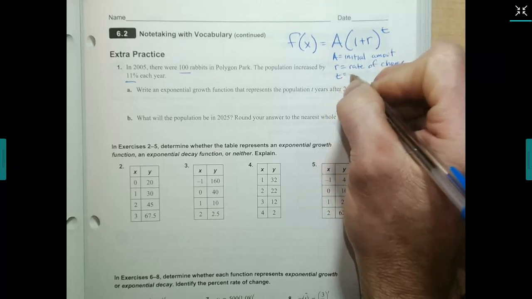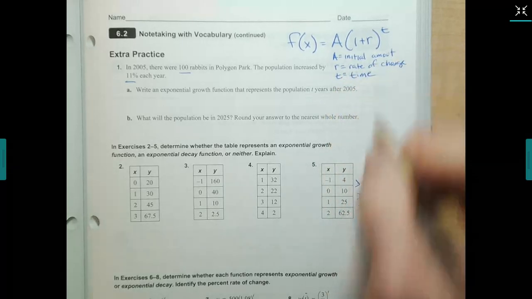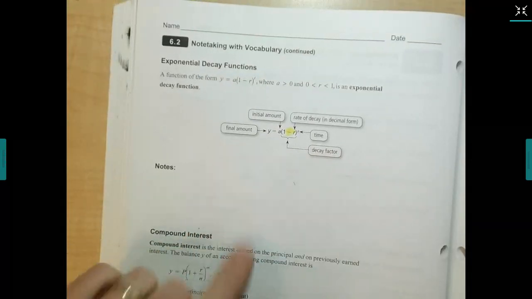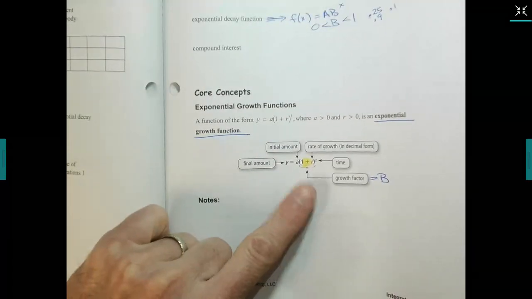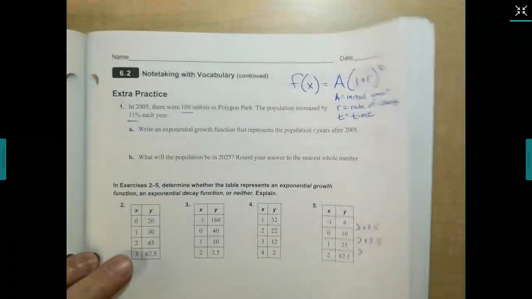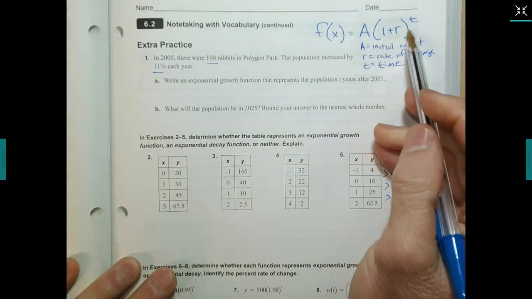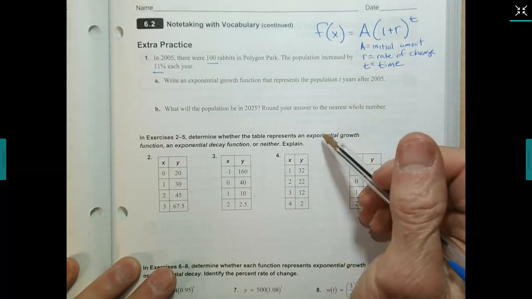And t is time. So make sure you have that from exponential decay and exponential growth. There's your formulas, and I just rewrote it right there at the top of the page. a times (1 plus r) to the t power.